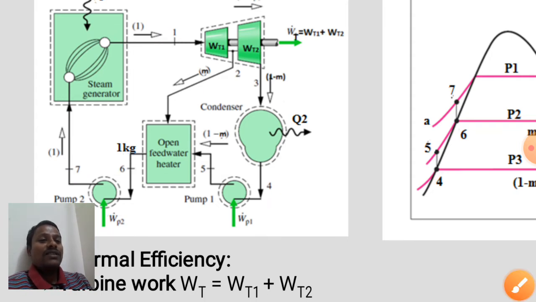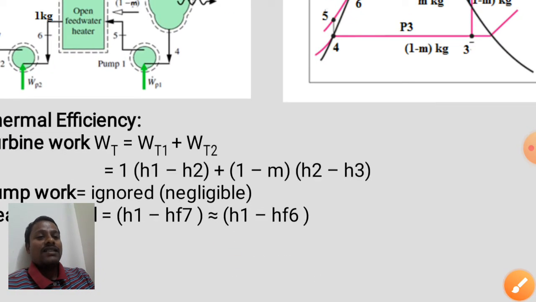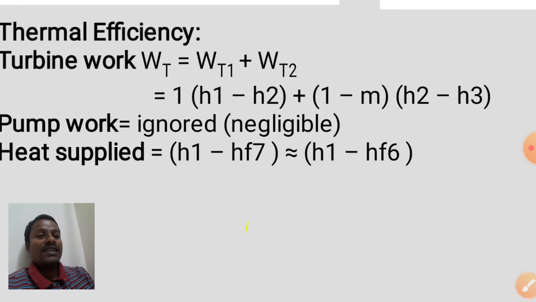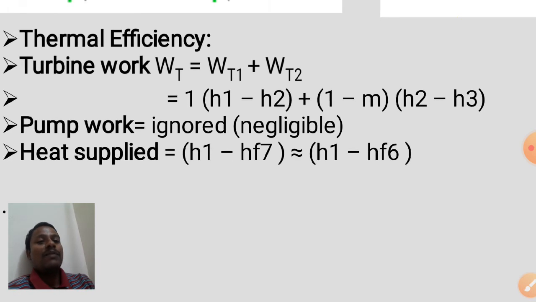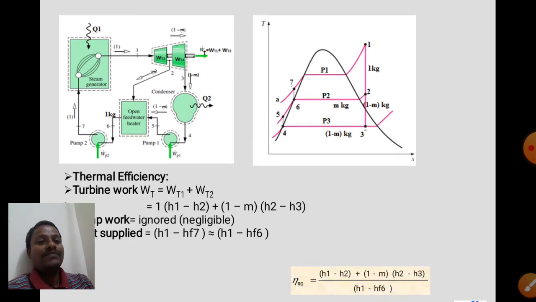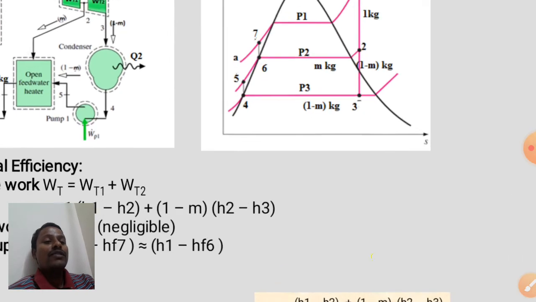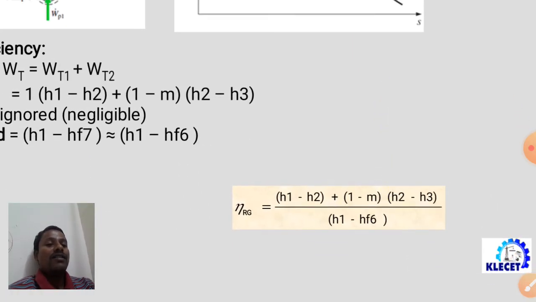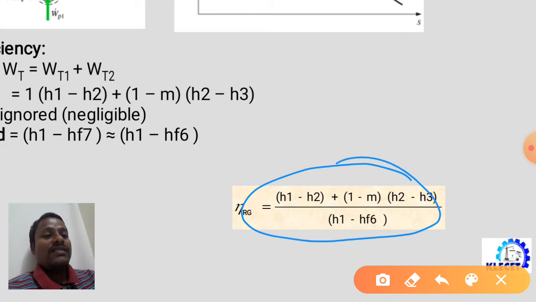Substituting this, heat supplied is H1 minus HF7, which is almost equal to H1 minus HF6 as the pump work is negligible. If you substitute all these values in the thermal efficiency expression, the thermal efficiency is given by this formula.